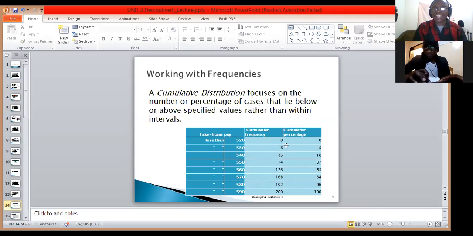The first class had 0. The second class, the percentage was 3. The third class, the percentage was 15. So 15 plus 3, 18. So we are just adding, until the last class gives us 100%. That's what we are doing.